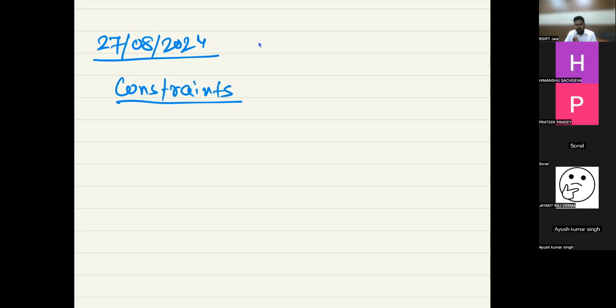And we told you that constraints are basically the conditions or the restrictions that are imposed on the motion of a particle or a system of particles. Those are called constraints.